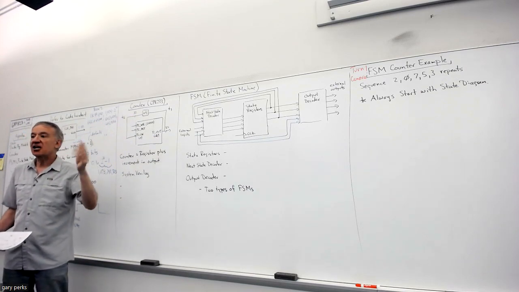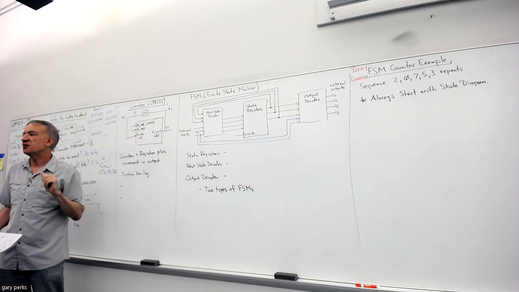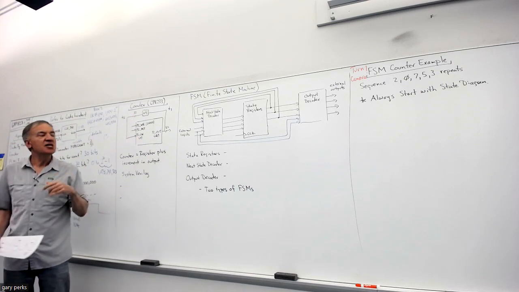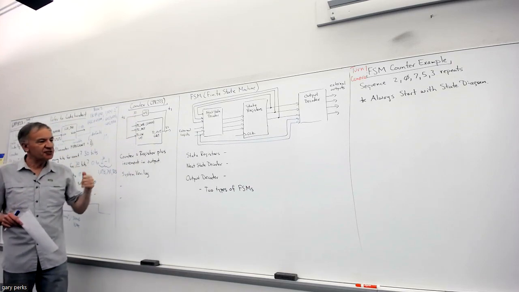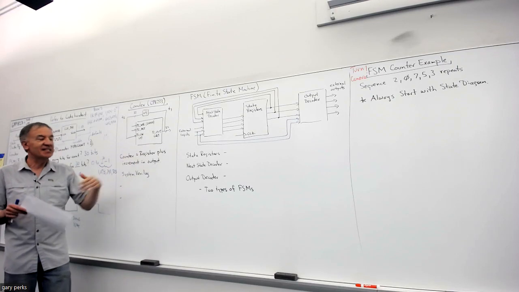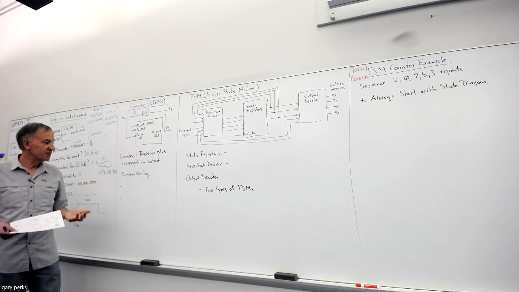Sometimes a counter goes in non-sequential order. In fact, we're going to see an example of that, how an FSM can be used to do that. But the key point here is that a counter is basically a register plus, where the plus is that the output is going to increment by some amount.